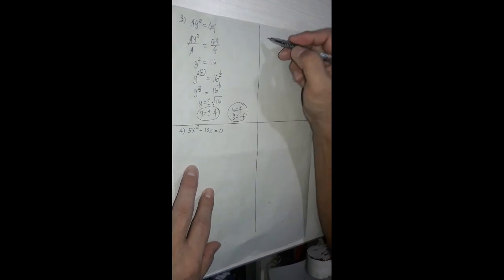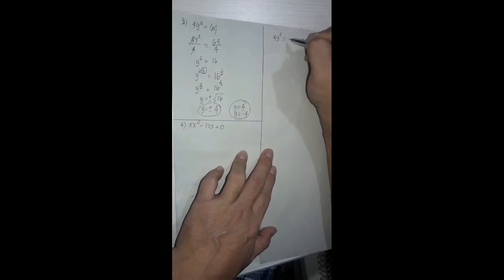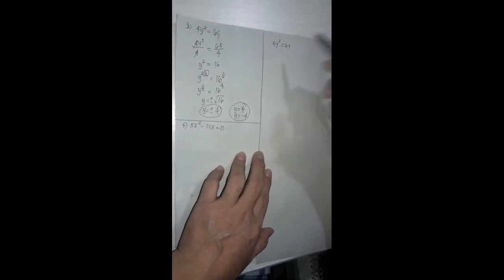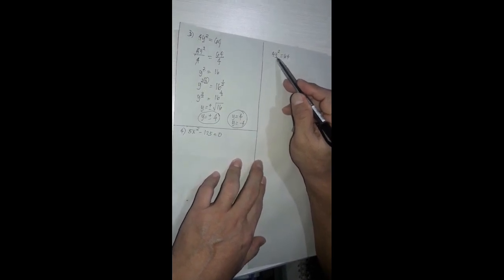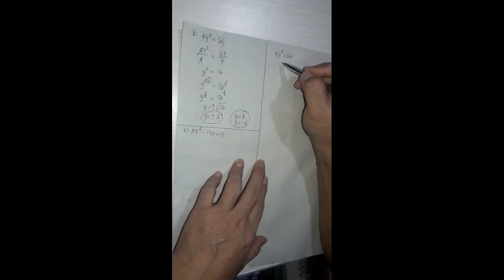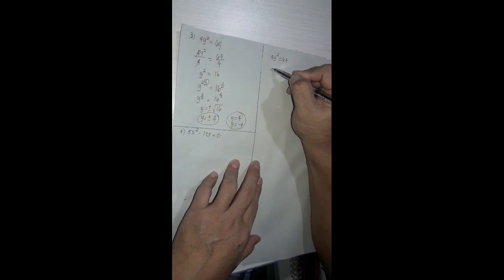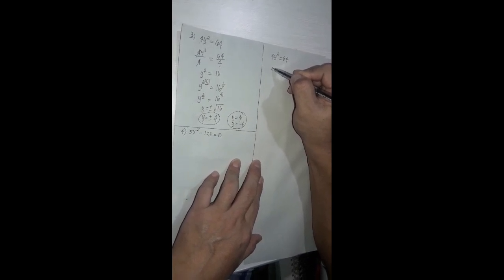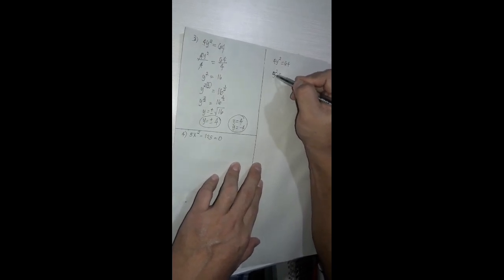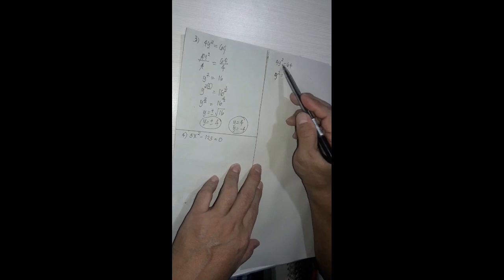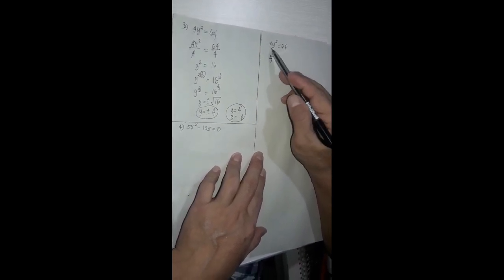For the shortcut method of 4y squared equals 64, eliminating the numerical coefficient of the variable y, we have 4. Or we can have y squared equals, since this is multiplication, 4y squared, the opposite is division.